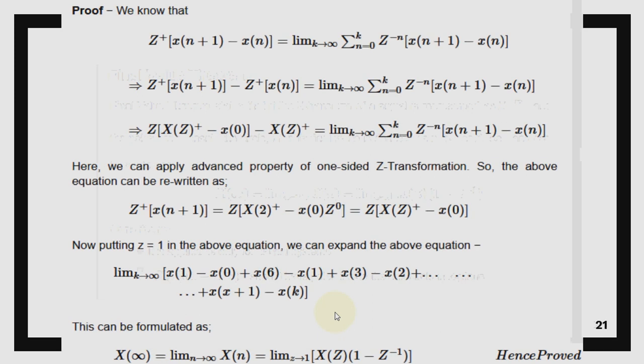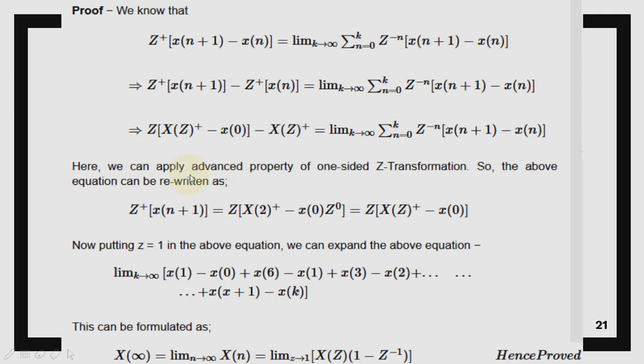So you can prove this property. Limit z tends to 1, summation n equal to 0 to infinity of x(n+1) minus x(n) z raised to minus n, equals limit k tends to infinity summation n equal to 0 to k z raised to minus n x(n+1) minus x(n). So we can expand this series like this.